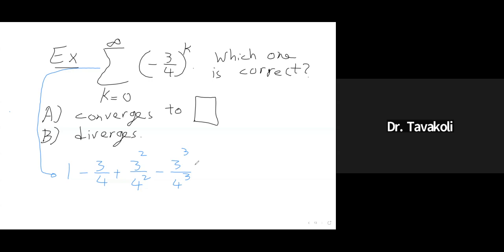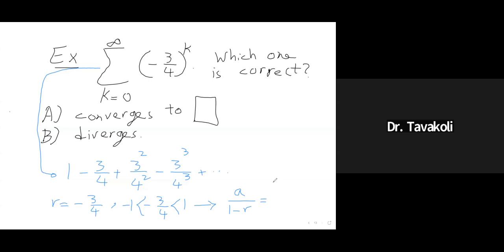For this geometric series, what is the common ratio? R is minus 3/4. Is minus 3/4 between -1 and 1? Yes, it is. So based on this, we can use the formula of A over 1 minus R because it's convergent. So we need to know what it converges to.